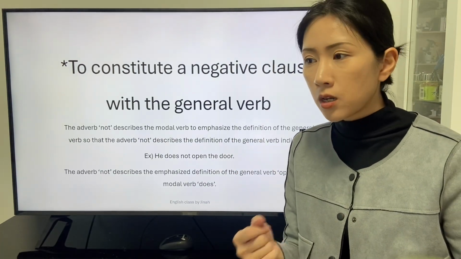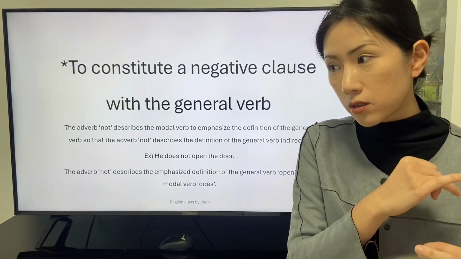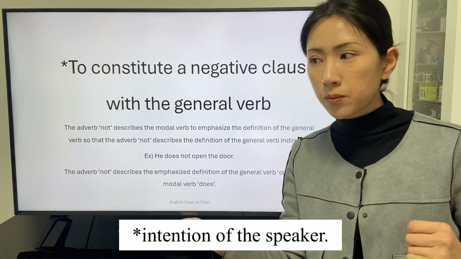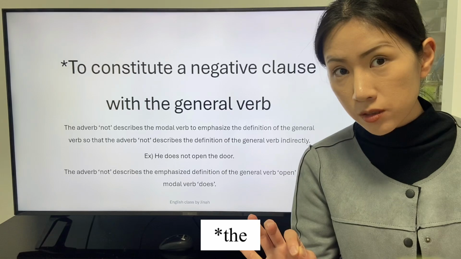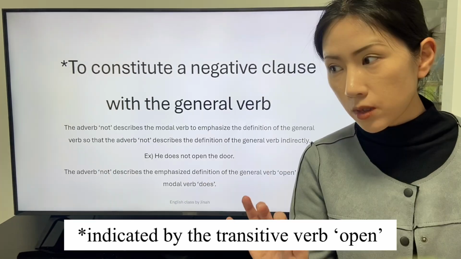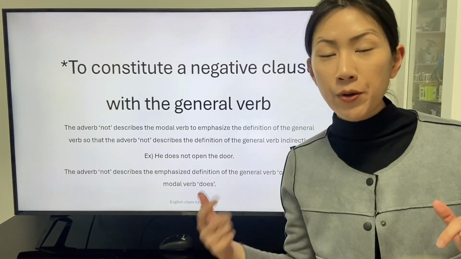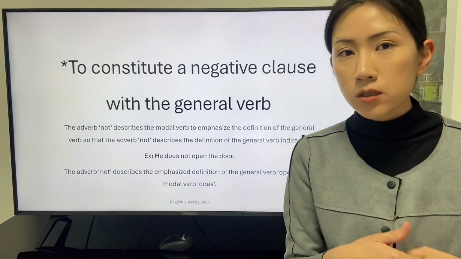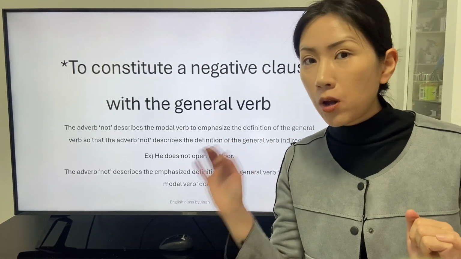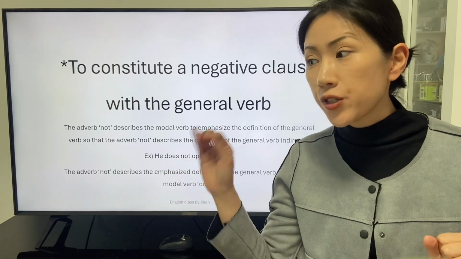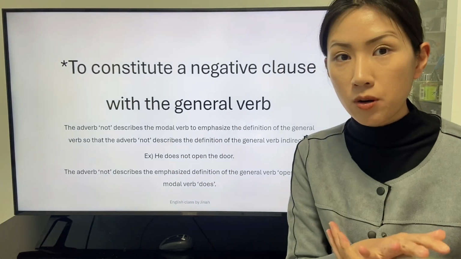The clause conveys the vague condition, except the specific action, which is very vague. So the adverb not describes the modal verb does to emphasize the definition of the verb.